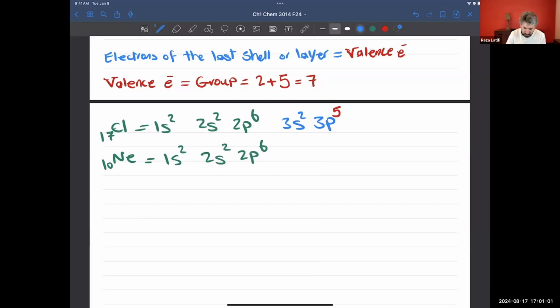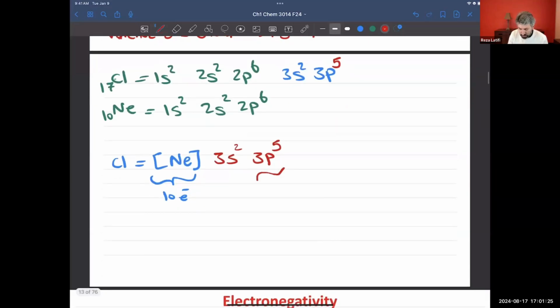So you can write the electron configuration of chlorine as neon, the previous noble gas, that represents 10 electrons. And then write the rest of the electrons and orbitals, 3s2 and then 3p5. Always you need to keep the valence electrons out.